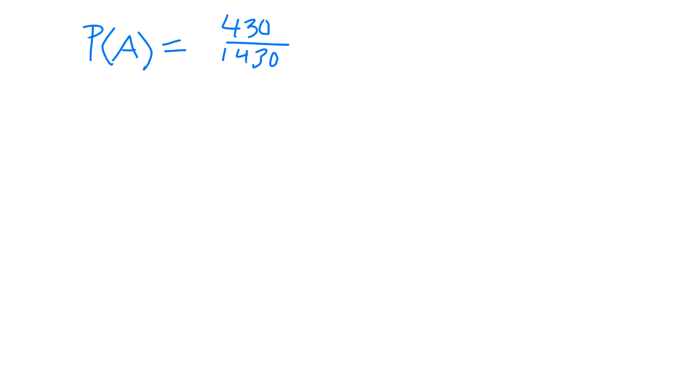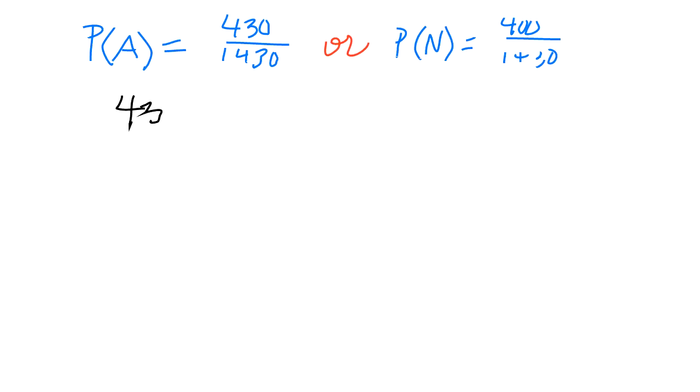The probability of Navy is 400 over 1,430. And remember, this is one of the or. So it said this or this. So what I'll do is I'll take my first probability plus my second one.